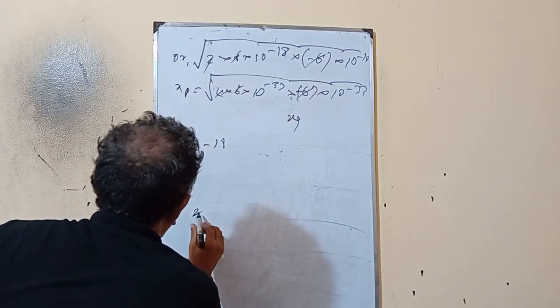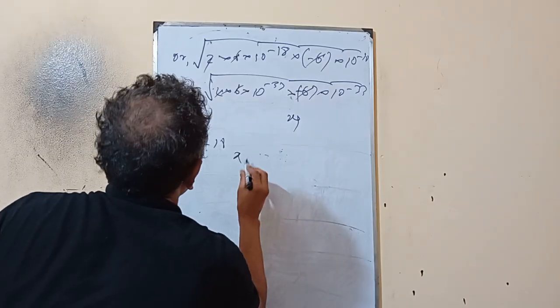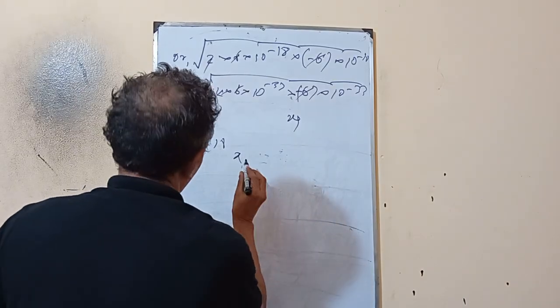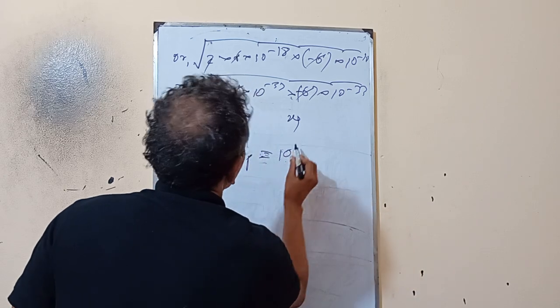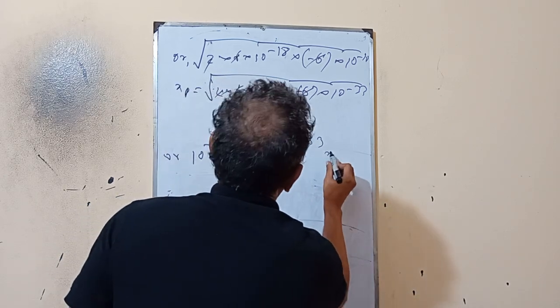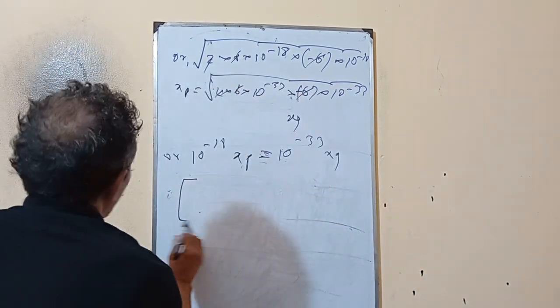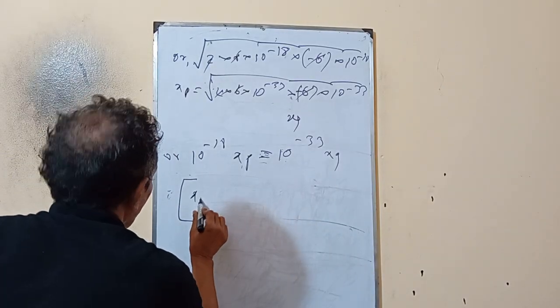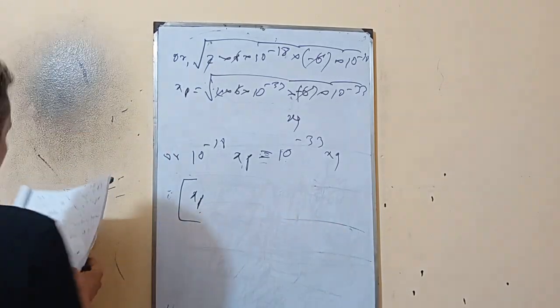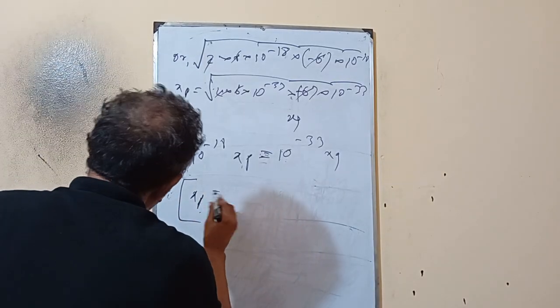XP is equal to 10 to the 13 XC. I have the bracket. XC is equal to time duration.